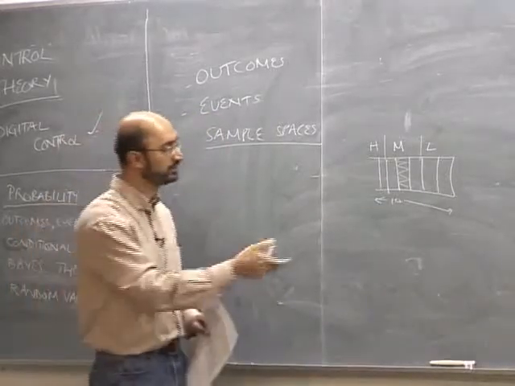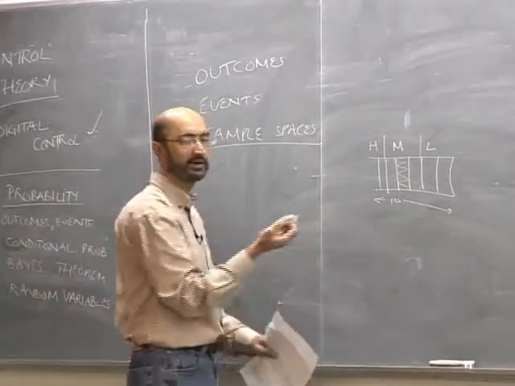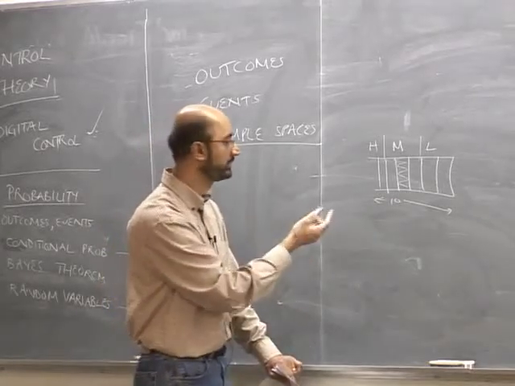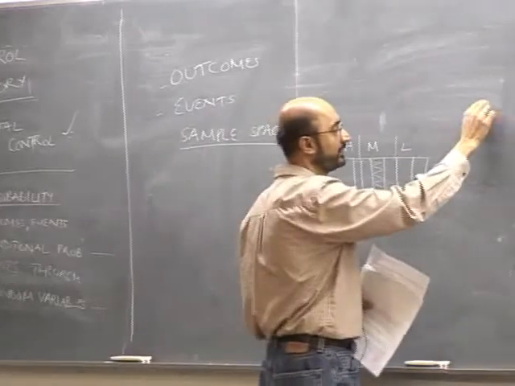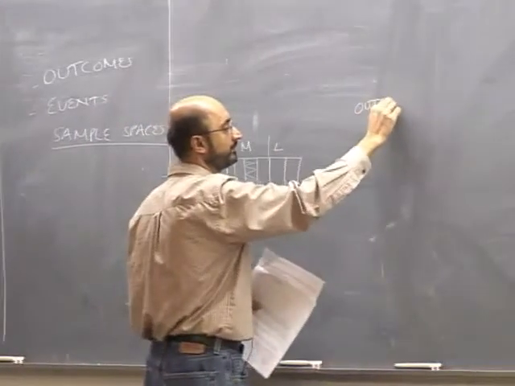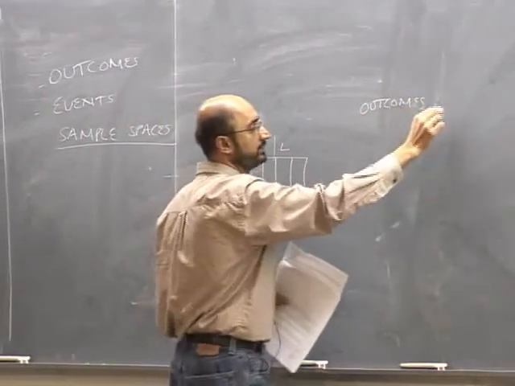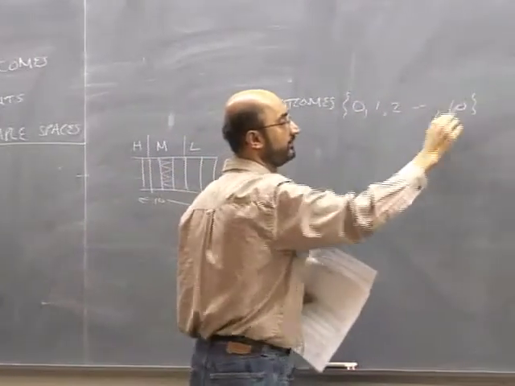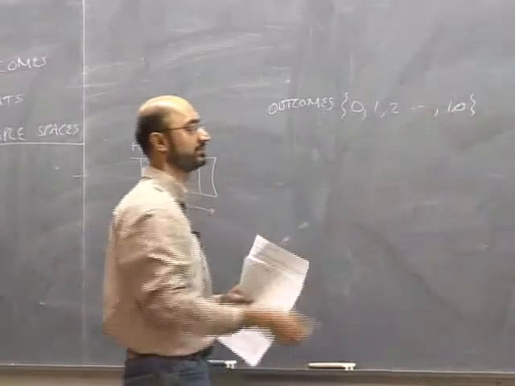Okay, outcomes over here are going to be what are the values of the buffer. So the buffer is either going to have 0 elements, 1 element, all the way up to 10 elements. So the set of outcomes is going to be basically 0, 1, 2, all the way up to 10. We can't have more than 10. We can't have fewer than 0.